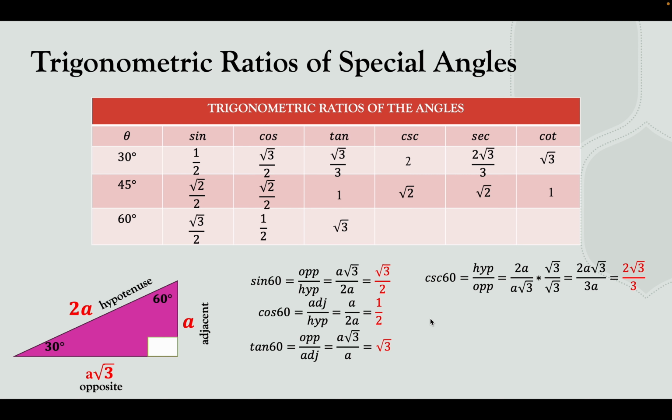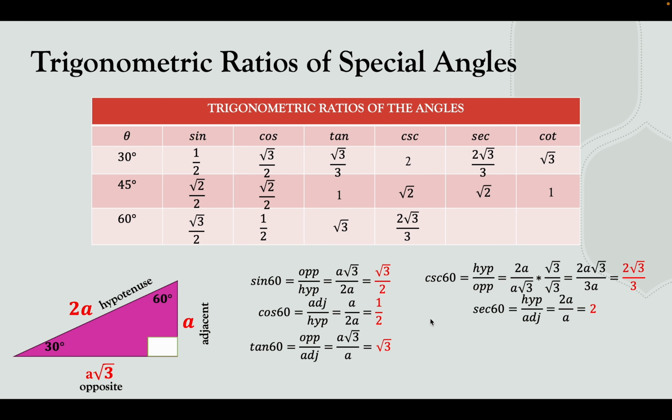So by rationalization, you multiply both numerator and denominator by square root of 3. So we have 2a times square root of 3, 2a square root of 3, and then a square root of 3 times square root of 3. So we have square root of 9. The value of square root of 9 is 3. So we have 3a. So you can eliminate the a to simplify. So we have 2 square root of 3 over 3.